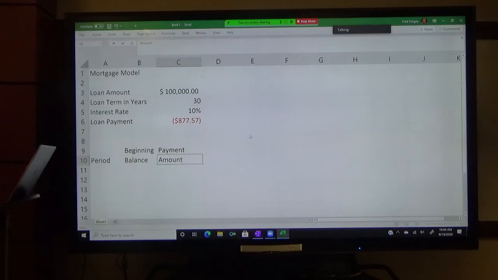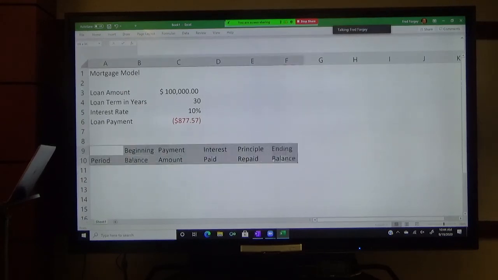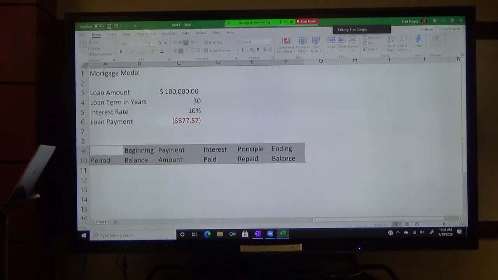Here, we're going to put interest paid. And ending balance. Okay, so this is no different than what we did by hand a couple of weeks ago. Just going to center it, clean it up a little bit.